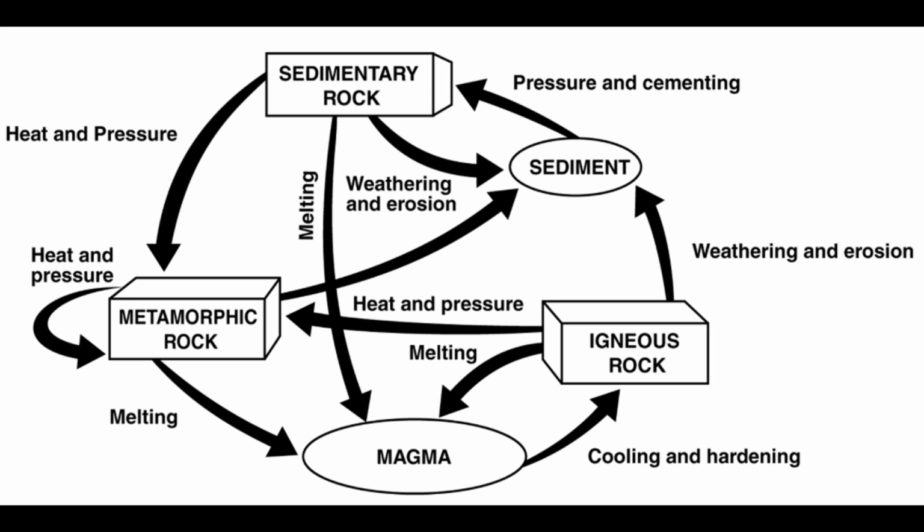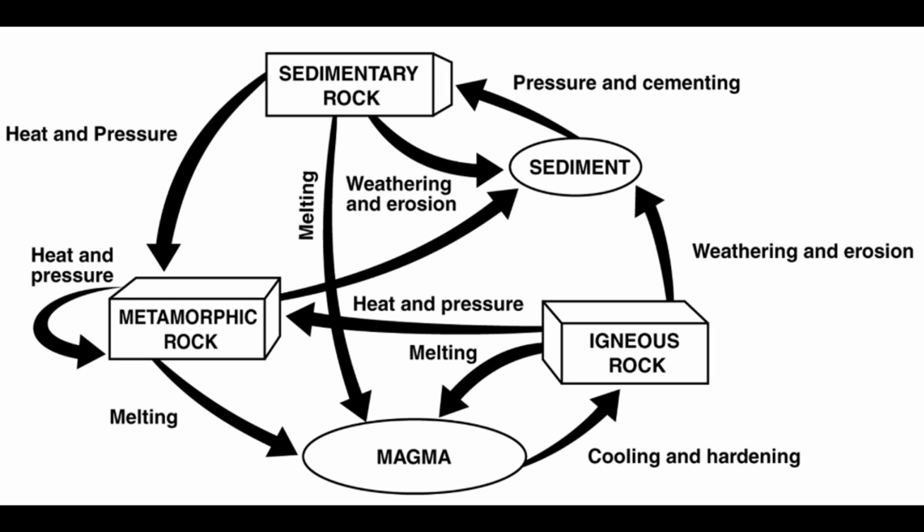The sediments are the different pieces of igneous rocks that are breaking apart along with different plants, and they join together and form sedimentary rocks. And sedimentary rocks at times will come under great heat and pressure, and under that great heat and pressure, those rocks will change to metamorphic rock, and metamorphic rock at times will melt, and it will go back to the beginning stage, which is magma.